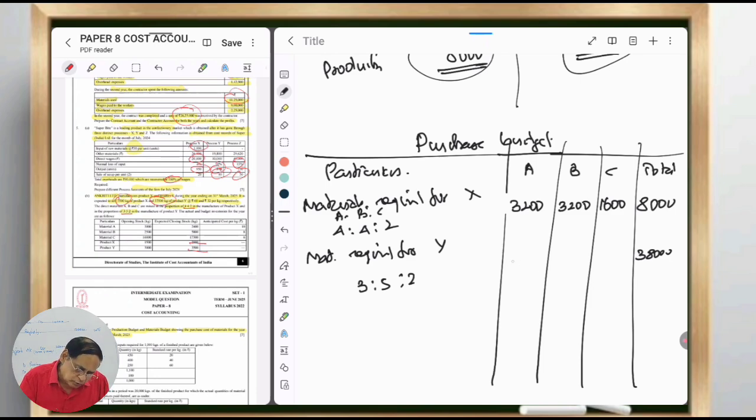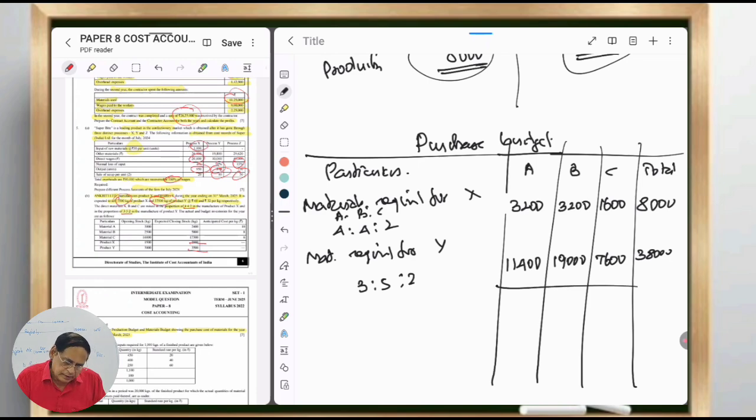Then into 5 is 19,000, and into 2 is 7,600.